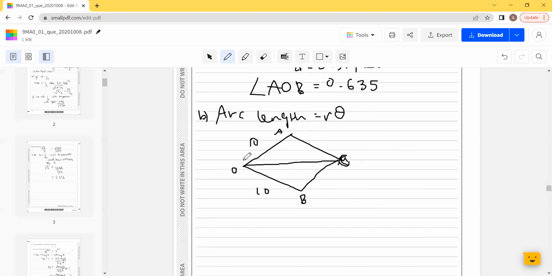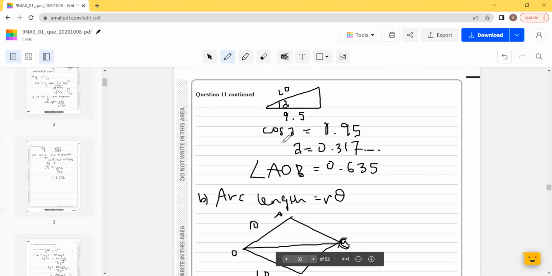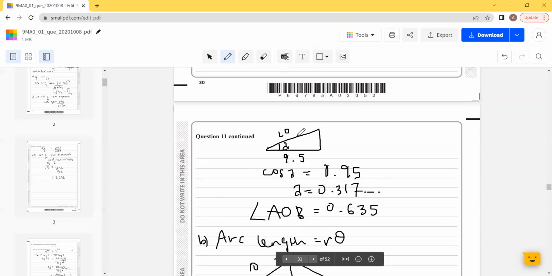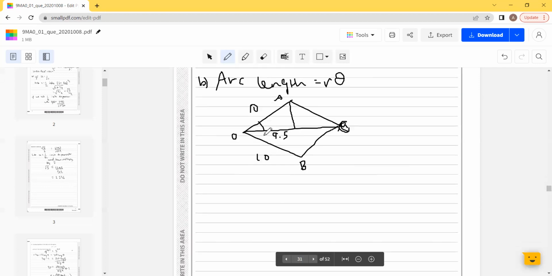And I know this distance from O to wherever A is, 9.5. And what do I have to figure out? First of all, I need to figure out what this angle is outside.